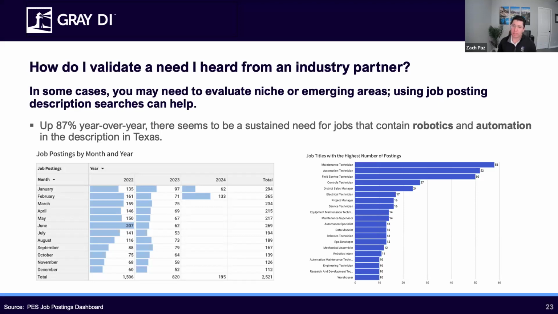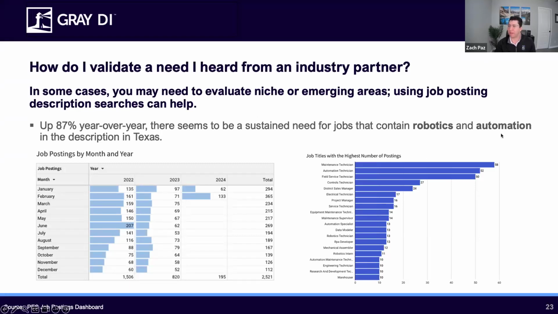So one thing you can always use this for is to validate what you're hearing. A technique that we use is description searching. Here's an example of looking at robotics and automation as keywords. If we're hearing from an industry partner that they need candidates with robotics and automation skills, let's validate that.